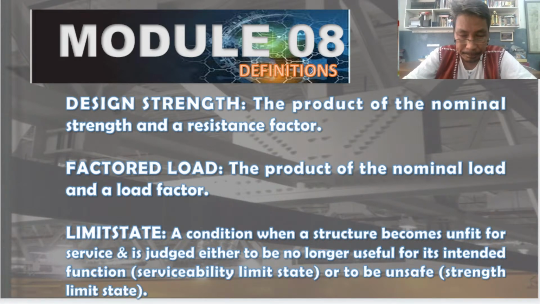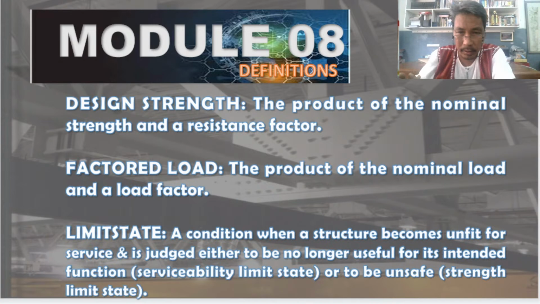So let's have some definition of what is a design strength. A design strength is the product of the nominal strength and a resistance factor. So let's take note of this. Meaning to say, we have a nominal strength and a resistance factor, and we multiply those two together, and the result would be our design strength.